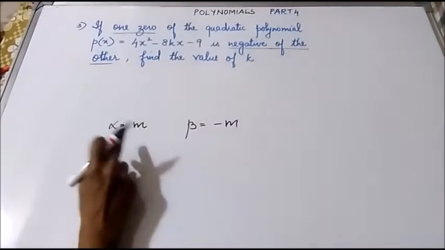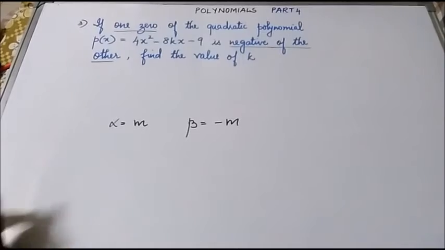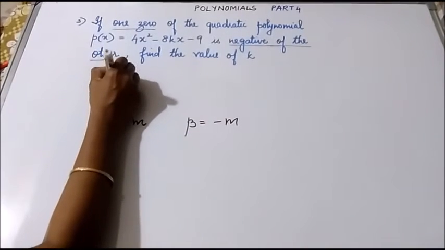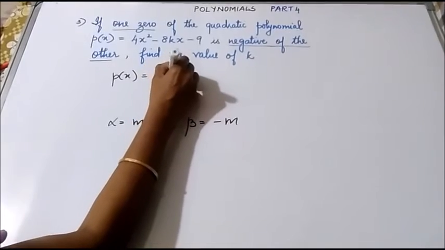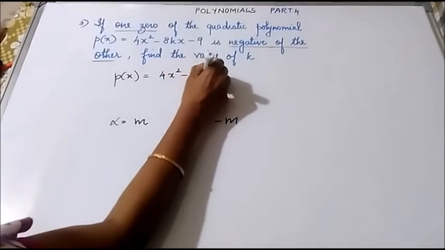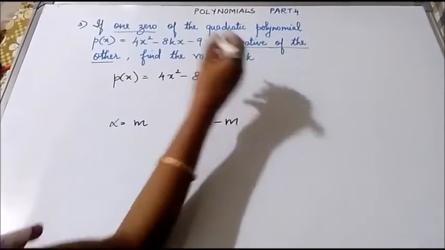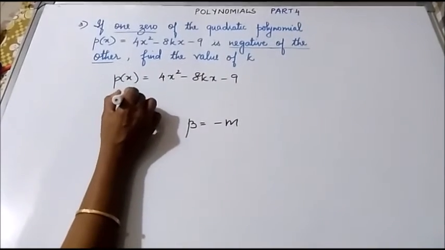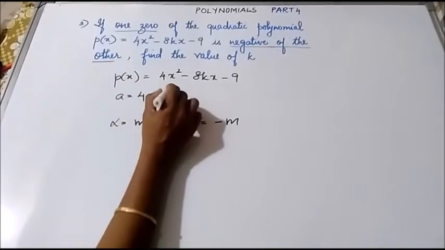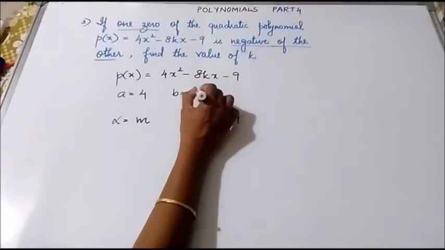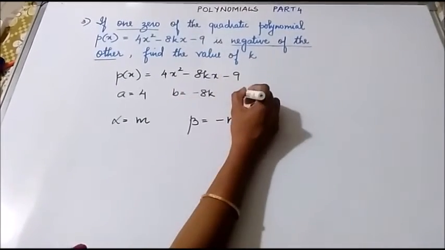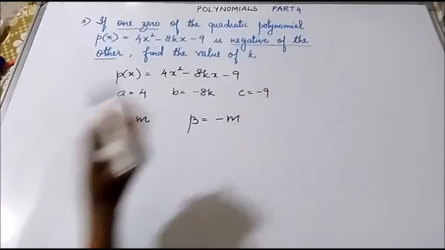Before that, let us see the coefficient of x square, the coefficient of x, and the constant term. Here a, the coefficient of x square, is equal to 4. b, the coefficient of x, is minus 8k, and the constant term is equal to minus 9.